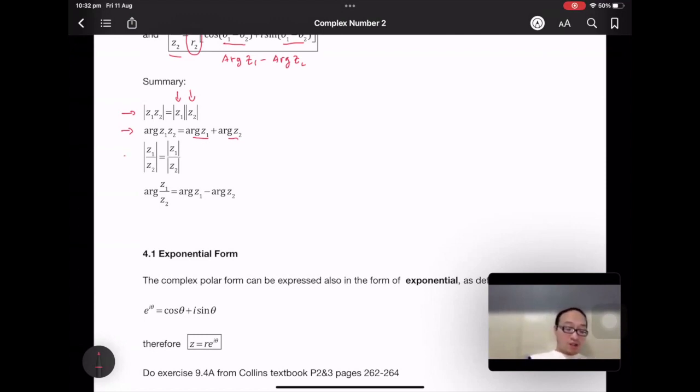Also, if we divide z1 by z2, the modulus of z1 over z2 is the modulus of z1 divided by the modulus of z2. And for the argument, it will be argument z1 minus argument z2.